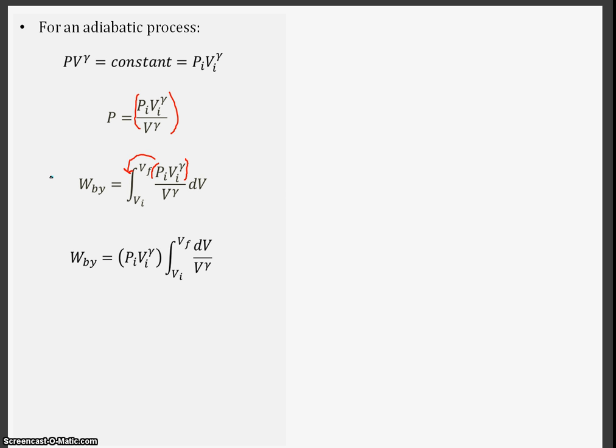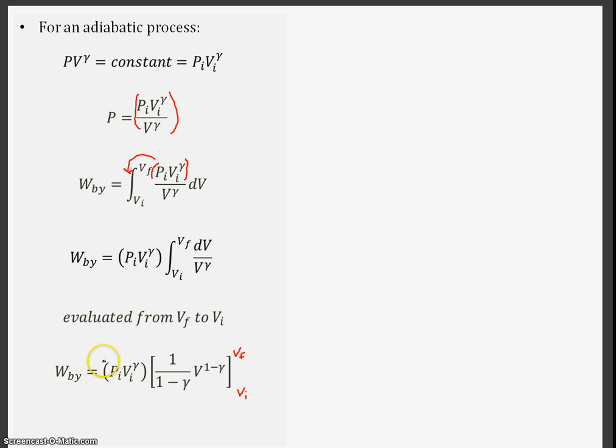It's the integral of 1 over x to the n. In this case, instead of x, we use V, and instead of n, we use gamma. And so evaluated, that should say from V initial to V final of this.